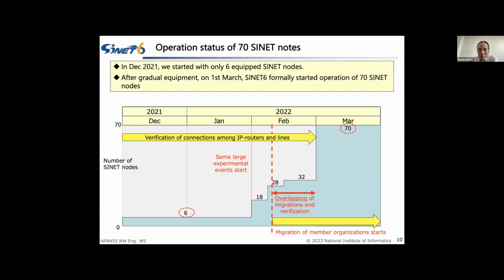So as you can see, we have an overlapping term of migration and verifications, and we have some large events. So we are doing a very tight schedule. But after gradual equipping, we finished the installation of the SINET nodes.